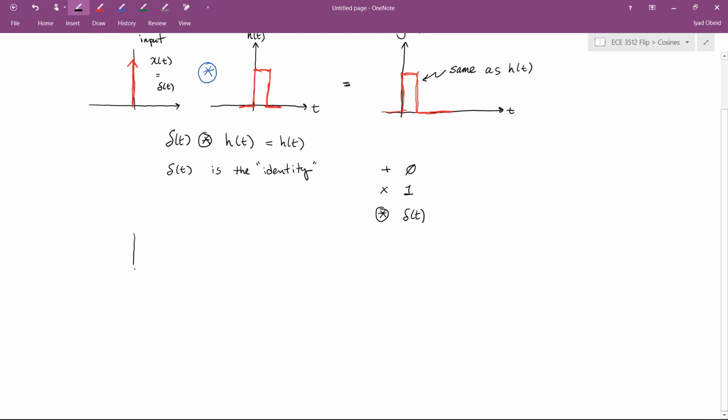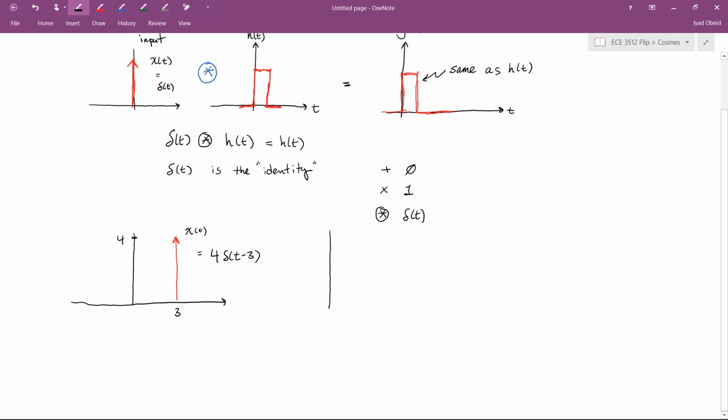Suppose my input signal x of t is equal to 4 delta of t minus 3. So this impulse has an area of 4 and it's shifted to the right by 3 units.